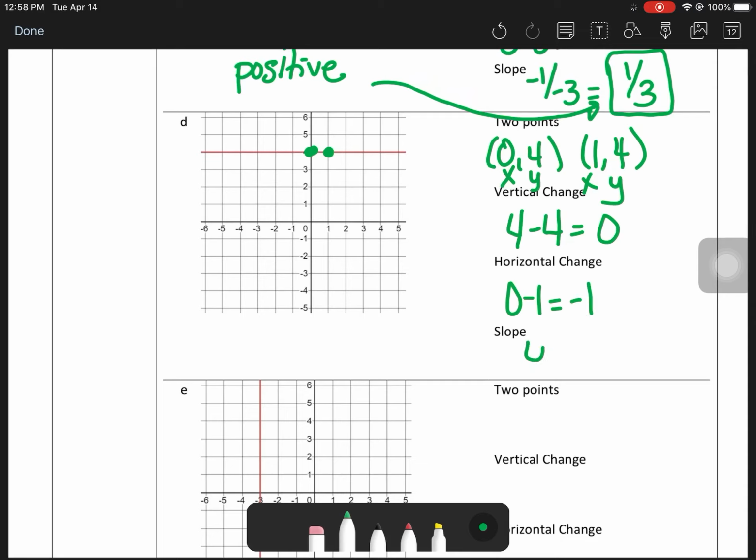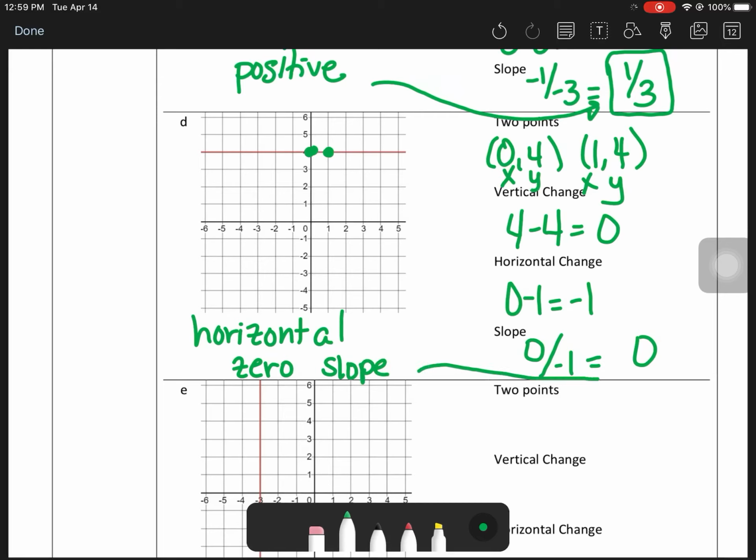So I put my vertical change over my horizontal change. And remember that 0 divided by anything is 0. And this is a horizontal line. It goes straight across left to right, and it has a 0 slope. Remember, 0 divided by any number is 0. So if you have nothing and you divide it into 8 piles, each person gets nothing.